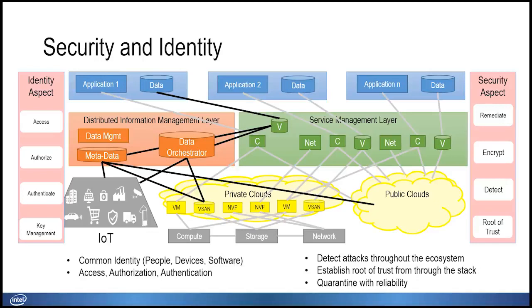When we talk about identity, we talk about identity, access, authorization, and authentication of individuals, of applications and services, of IoT devices, and even of data. And I need to manage key management of that, which includes encryption and attestation, so I can have trusted data and trusted devices out there.